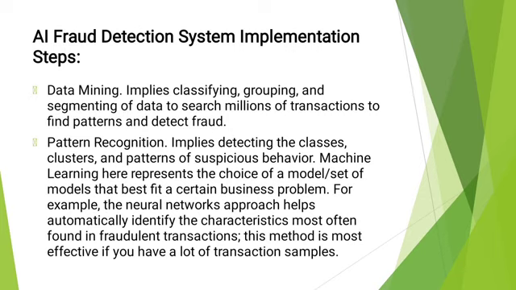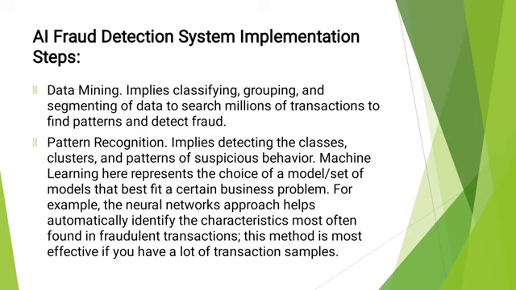AI fraud detection system implementation steps. Data mining implies classifying, grouping, and segmenting of data to search millions of transactions to find patterns and detect fraud. Pattern recognition implies detecting the classes, clusters, and patterns of suspicious behavior.